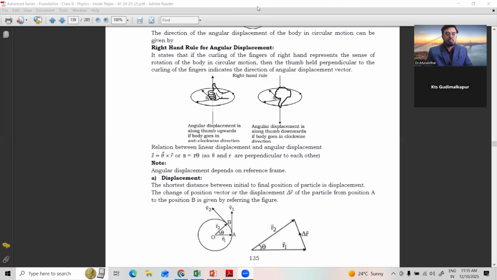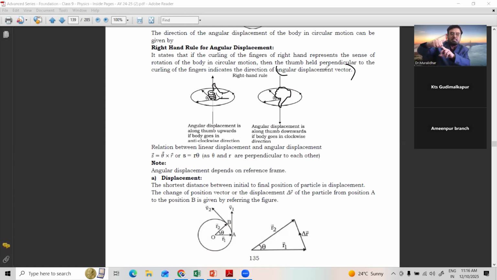rotation of the body in a circular path, then the thumb held perpendicular to the curling fingers indicates the direction of the angular displacement vector. First we are like this, right? Keep moving, keep moving. This thumb indicates the direction of displacement, right?